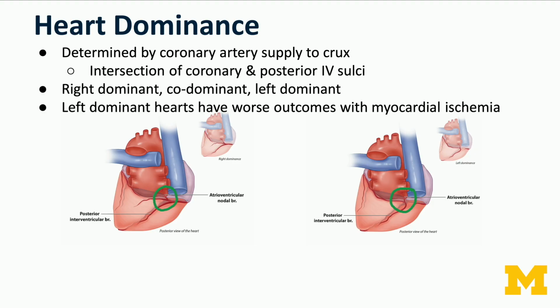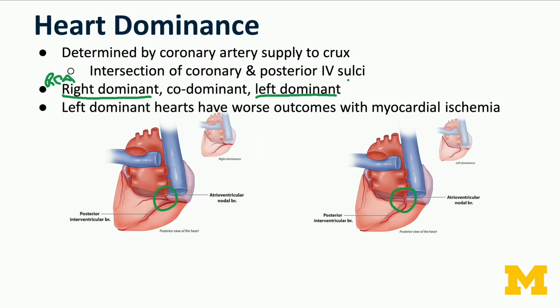So there is a concept known as heart dominance, and heart dominance refers to the primary blood supply to the crux of the heart. And a heart may be right dominant, codominant, or left dominant. A right dominant heart is supplied by the RCA to the crux.